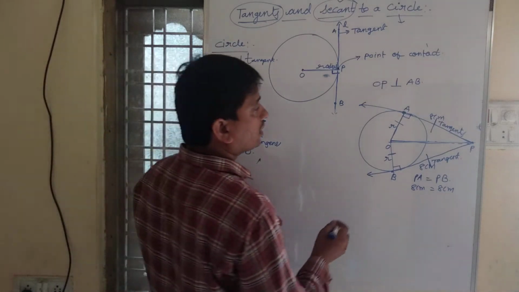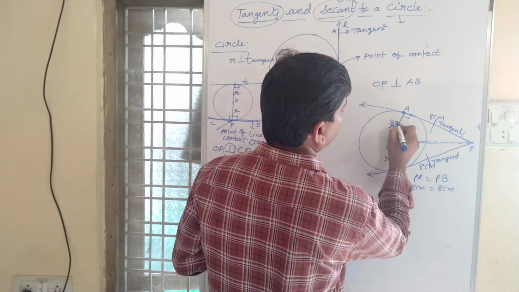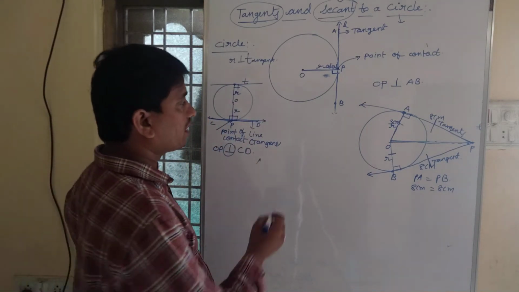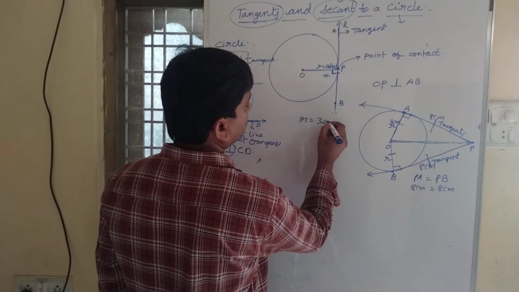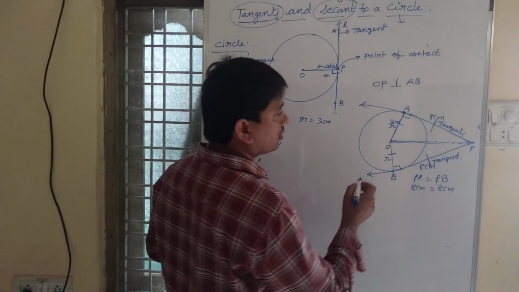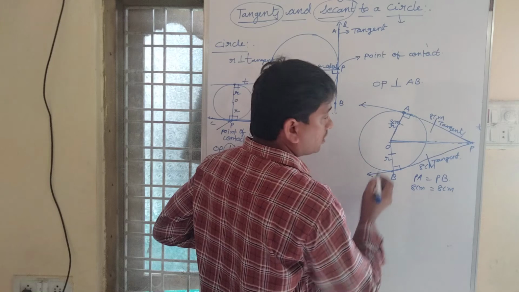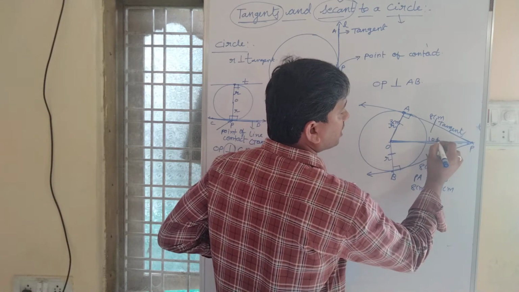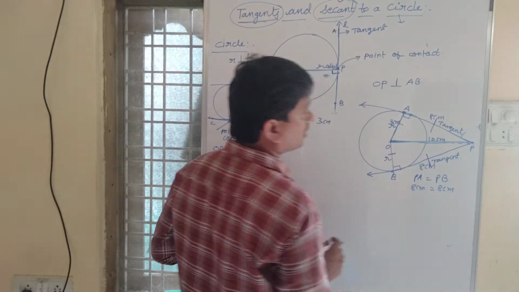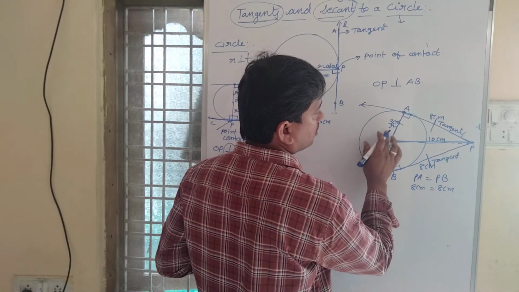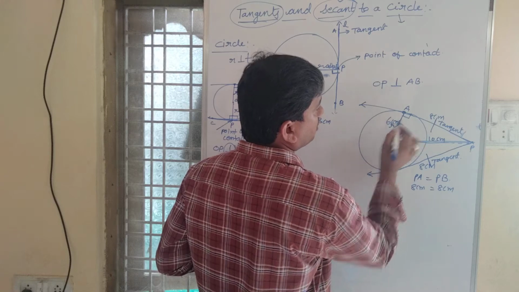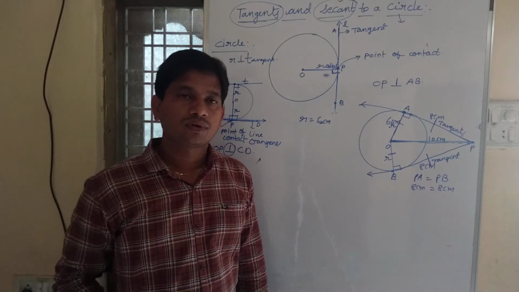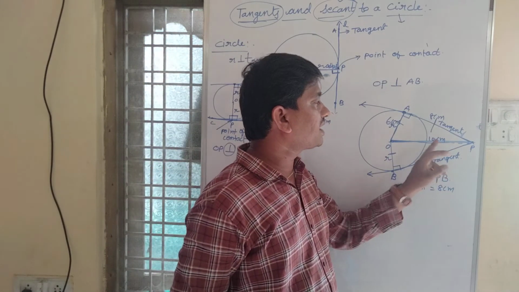For example, consider the radius OA equal to 6 cm, and the distance from the center to the external point is 10 cm.